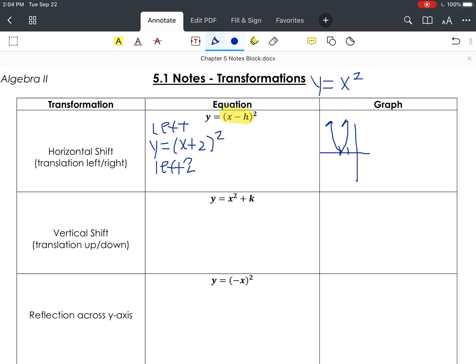So that's what a horizontal shift left looks like. Or horizontal shift right would be the opposite. So instead of plus a number, you would be doing minus a number. So to go right, you could have something like x minus 3. So this would mean you're translating 3 right.